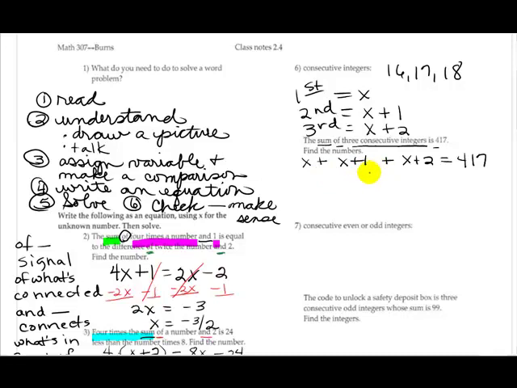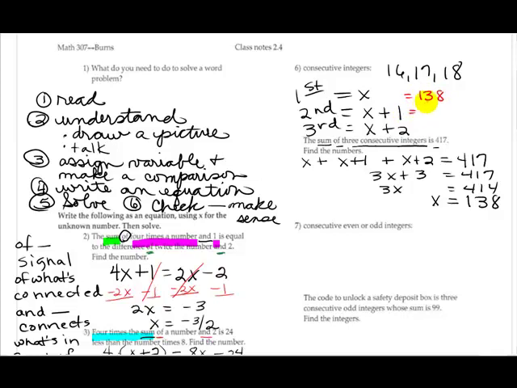Combine like terms. Move that 3. Divide by 3. So my first number here is 138.